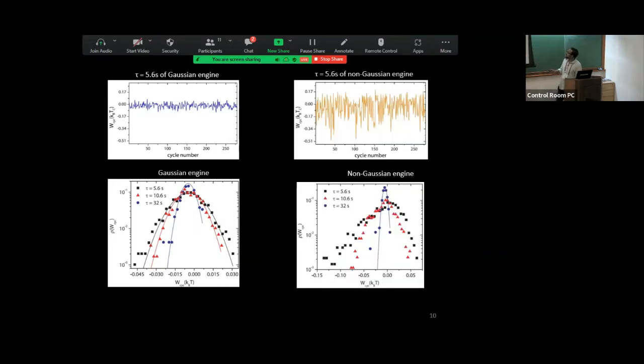While for the non-Gaussian engine, these are the typical work fluctuations, and you can see that they are highly non-Gaussian. When I plot the distribution for different taus, or cycle durations, you can see that it fits a Gaussian only for the highest cycle duration, which is the quasi-static limit. And as we decrease the cycle duration tau, it develops a negative tail.